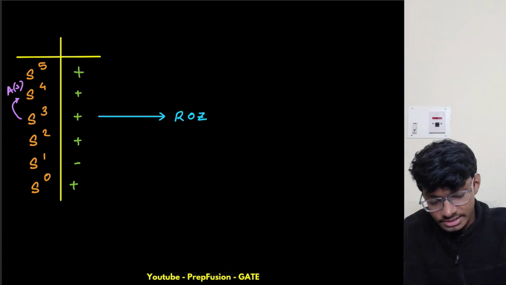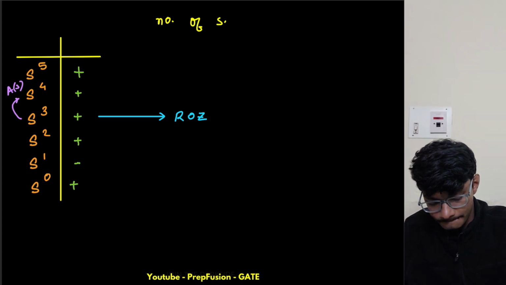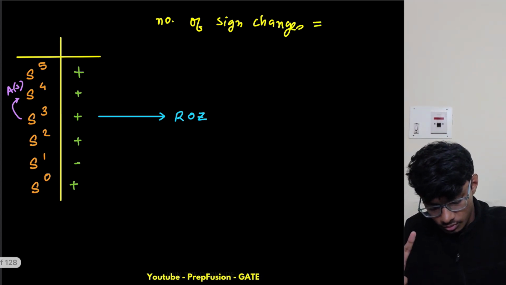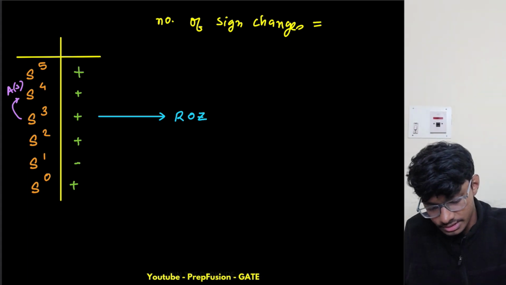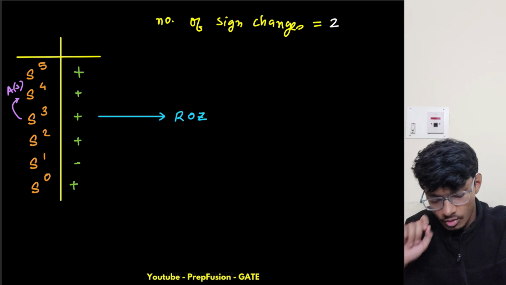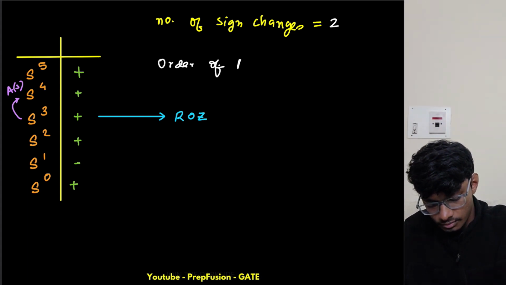And how many sign changes do we have? The number of sign changes equals 2, because going here there is one sign change and here one sign change. So the number of sign changes is 2, and the order of A(s) is 4 again.